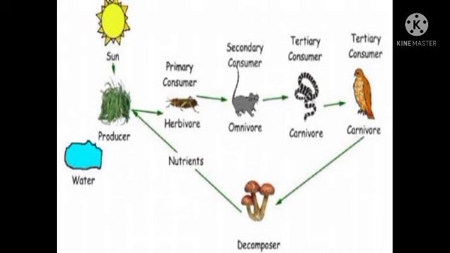Hence, the grasshopper will be our consumer, and which is an animal. After the grasshopper dies or the plant gets decayed, what's going to happen? Comes the decomposer, which is the fungi, which feeds on the dead organic matter. So this is how the lifestyle is carried on.